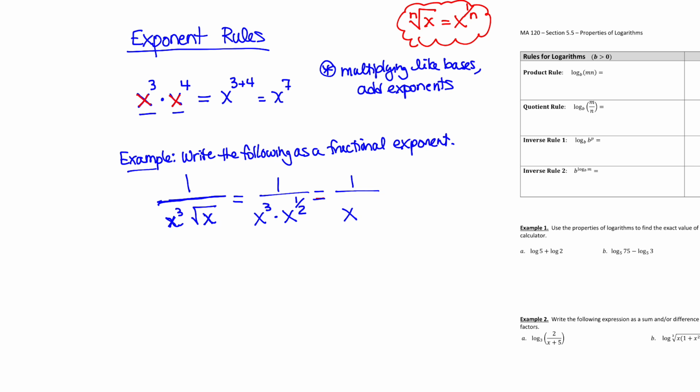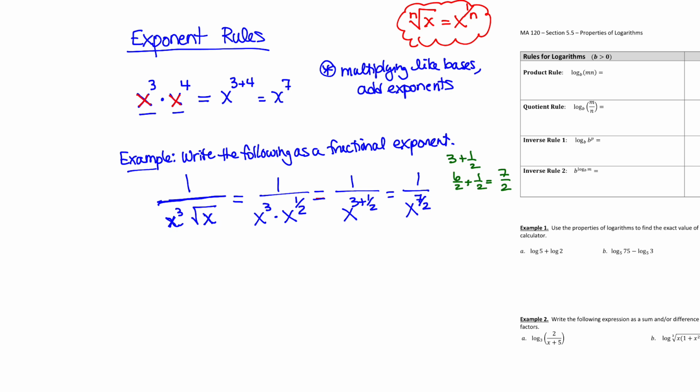That's x to the 3 plus 1/2. Oh, I better do a little thinking, right? That's 3 plus 1/2, which is 3.5. Or what do you get for that? 7/2? Is that what you get? I get 7/2. So I see this as 1 over x to the 7/2.